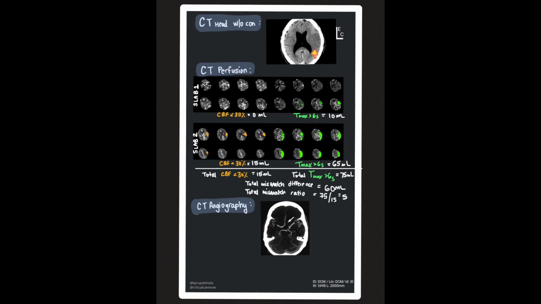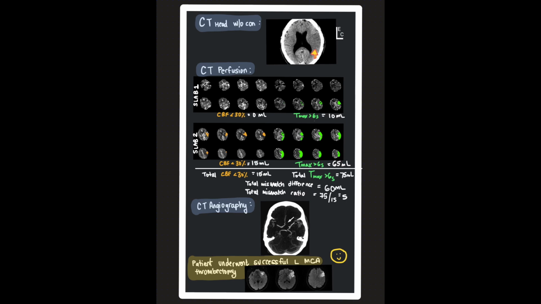Our patient was transferred to a comprehensive stroke center where he underwent a successful left MCA thrombectomy. As you can see on this DWI MRI sequence, the infarcted area is much smaller than the area in green above. This case highlights the utility of CT perfusion in a suspected large vessel occlusion.